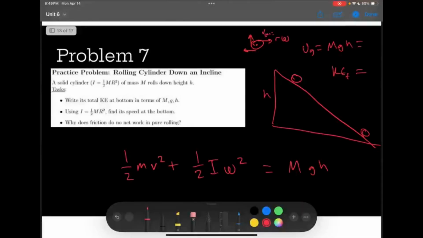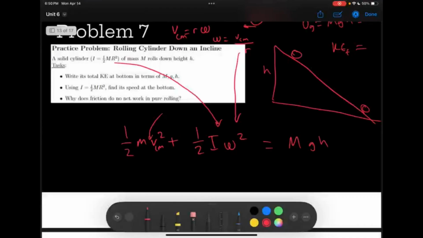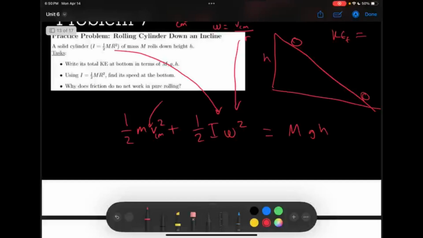Now, we know that the velocity of the center of mass, which we're using in the translational kinetic energy, is equal to the radius times the angular velocity. In other words, the angular velocity is equal to the velocity of the center of mass over the radius. Then we can substitute that in here, and we can get an algebraic expression for the rest of this problem. I'll do that now. I'm skipping the rest of these steps, and you'll see it there.